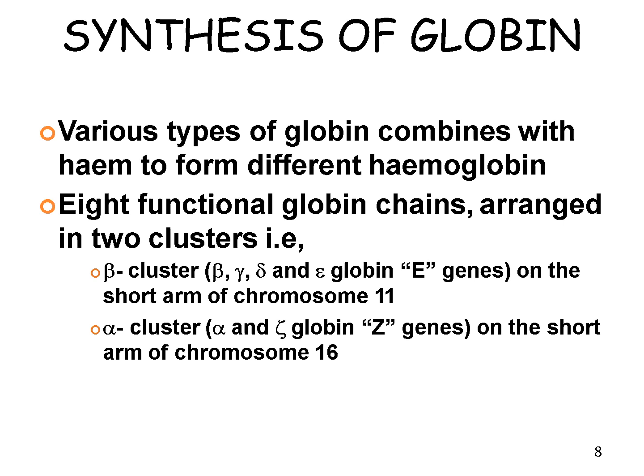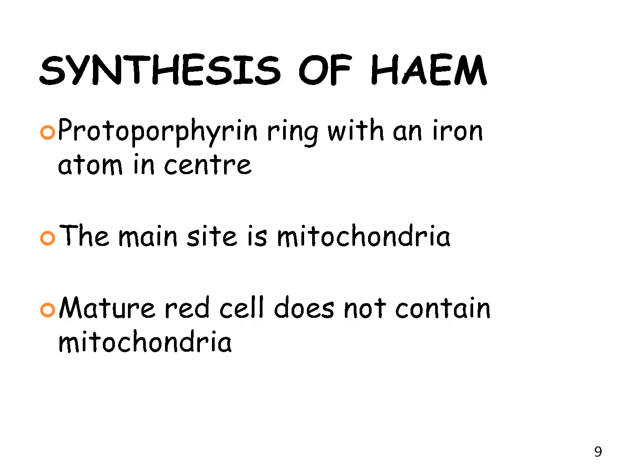Alpha cluster: alpha and zeta globin genes on the short arm of chromosome 16. In synthesis of heme, the protoporphyrin ring combines with an iron atom in the center. The main site of synthesis is the mitochondria, but the mature red cell does not contain mitochondria.